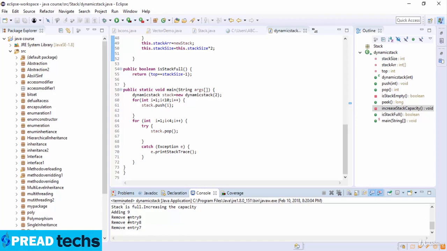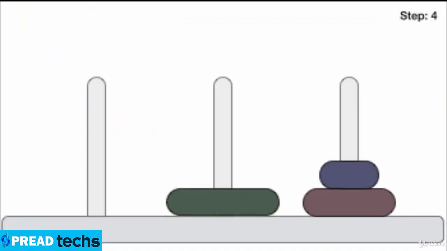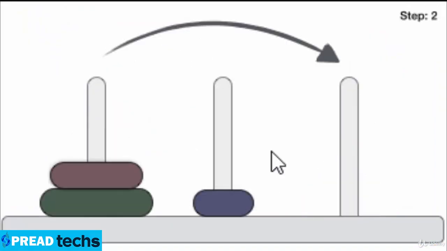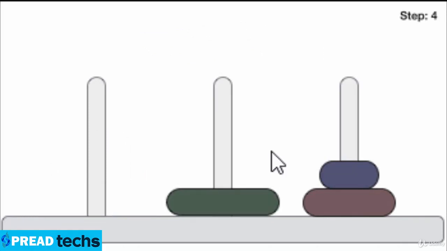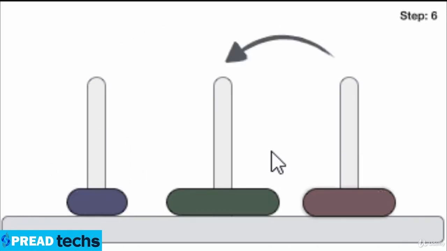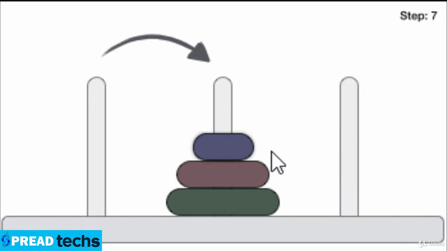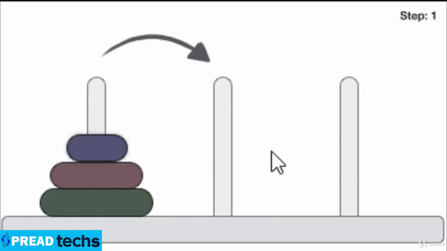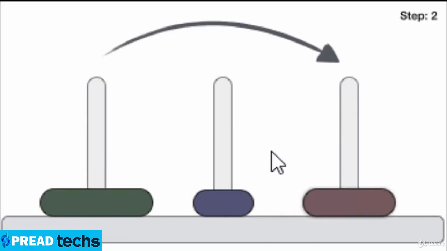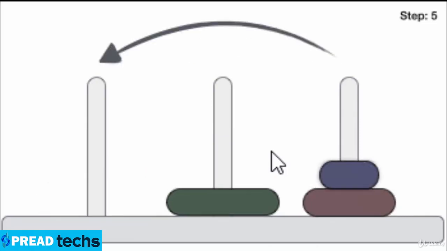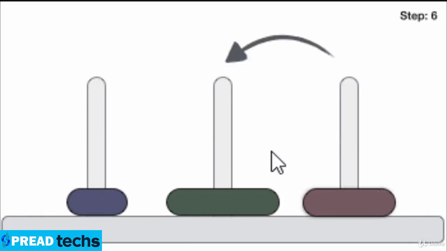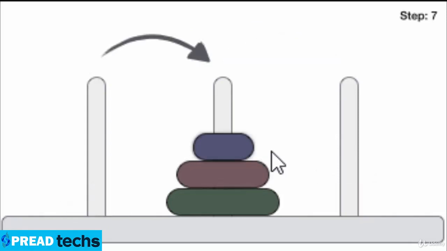Now let's see the diagram of the Tower of Hanoi. As you can see, rule number one, only one disk can be moved at a time. Then each move consists of taking the upper disk from one of the rods and sliding it onto another rod, on top of the other disk that may already be present on the rod.